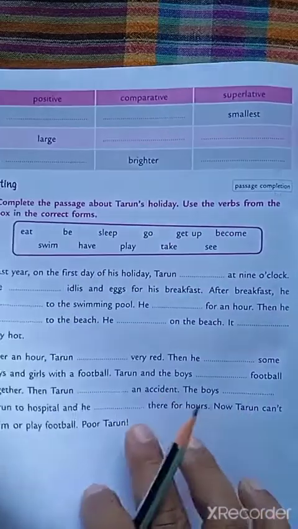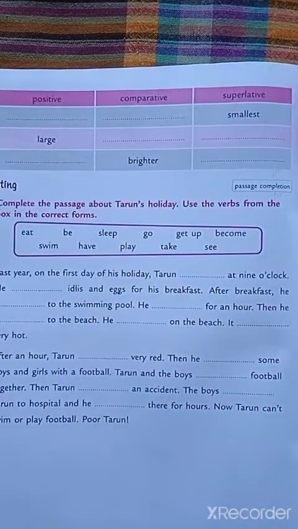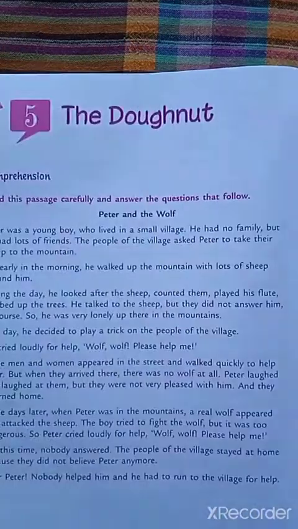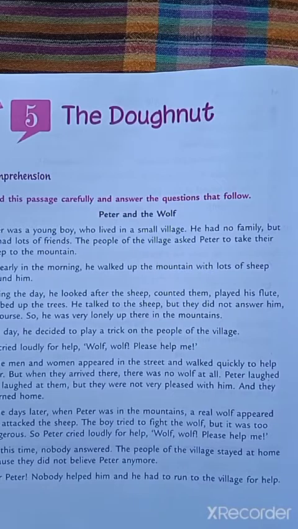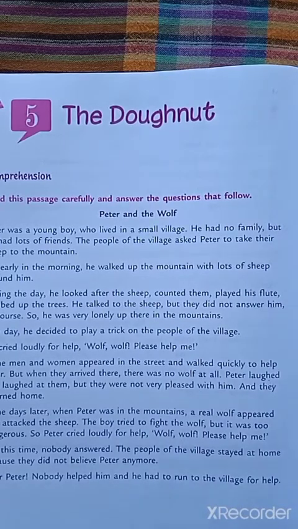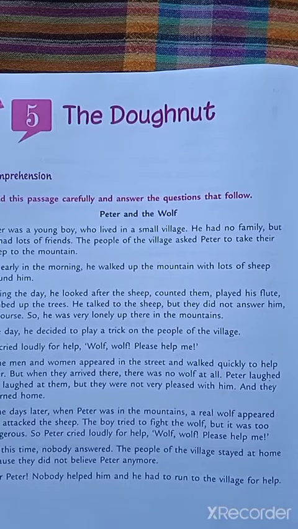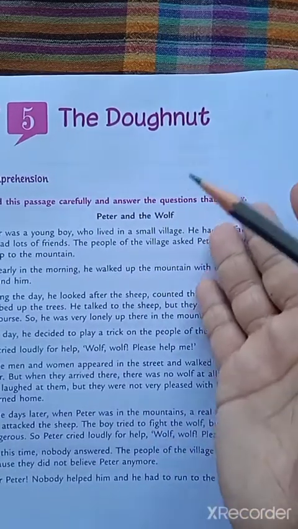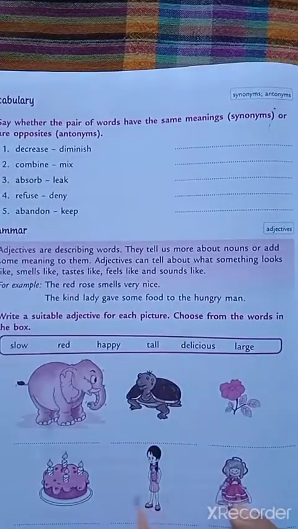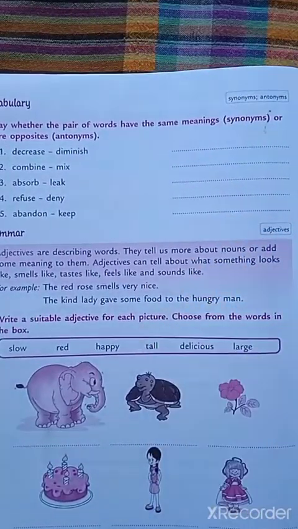So for this lesson, workbook lesson number 5 is finished. So try to read the questions and answers, then try to read the story very carefully, then try to read those exercises.